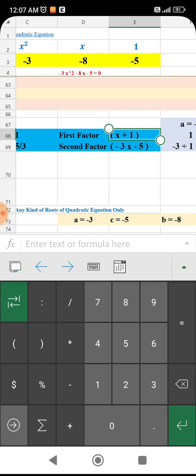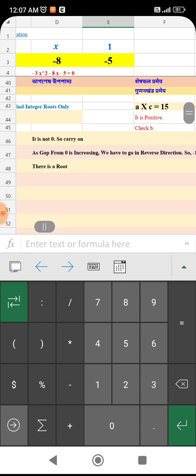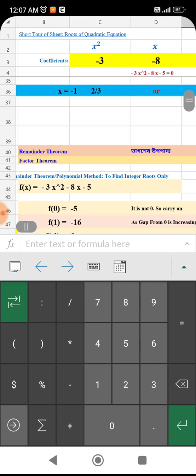So how do we find the second factor? First of all, the coefficient of x. How can we find it? For this purpose, what is the coefficient of a? The coefficient of a is -3.